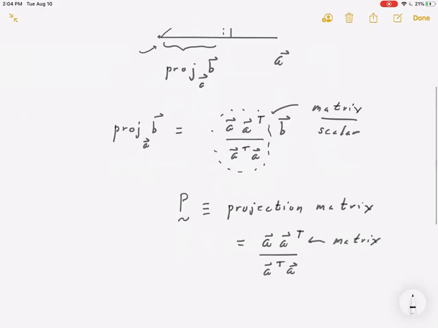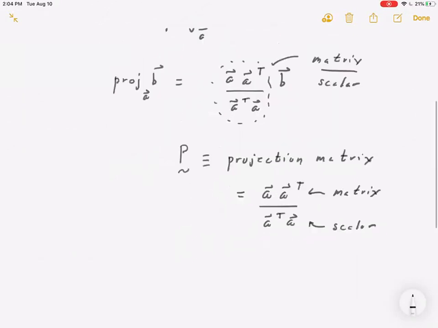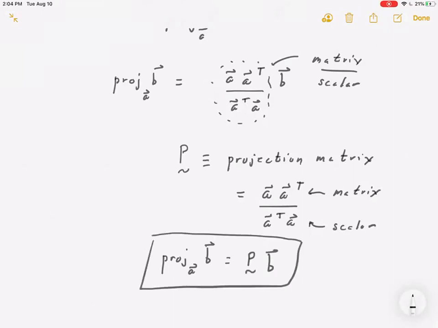A times the transpose of A is a matrix, whereas A transpose times A, that's a scalar. So in fact, we discovered last time that the projection of a vector B onto a vector A is just the projection matrix times the vector. This thing on the right-hand side is an example of matrix vector multiplication. So it gives you a vector, which is what you see on the left-hand side.